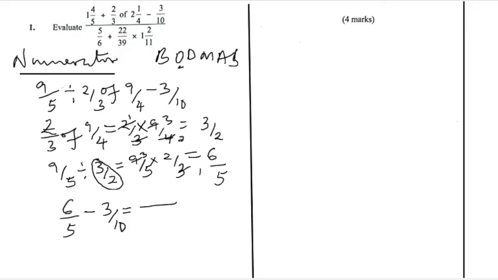Always, it is LCM. So the LCM of 5 and 10, of course, is 10. 5 goes into 10 twice, multiplied by 6, that will give us 12. 10 goes into 10 once, multiplied by 3, that is 3. And that will give us a final value of 9 over 10. So that is now the numerator. Let's move on to the denominator.